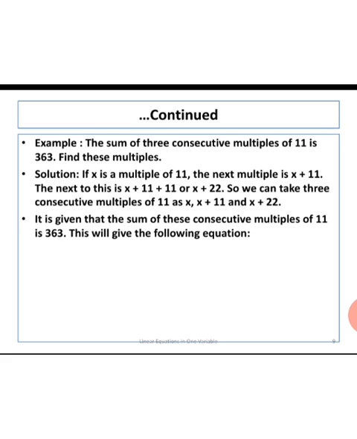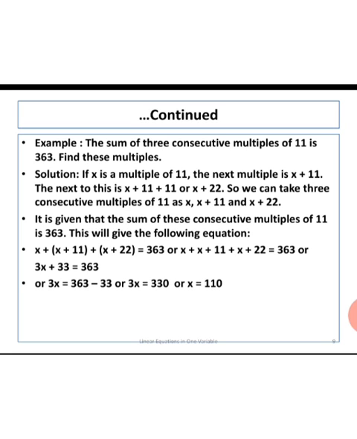It is given that the sum of these consecutive multiples of 11 is 363. So this will give us the following equation: x plus x plus 11 plus x plus 22 is equal to 363, or we can say 3x plus 33 is equal to 363.